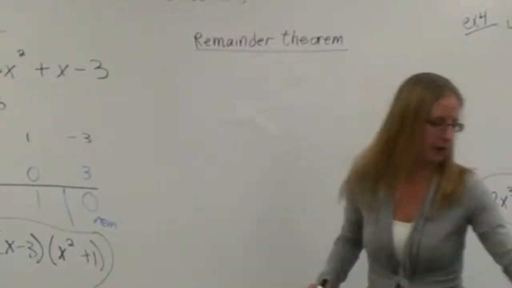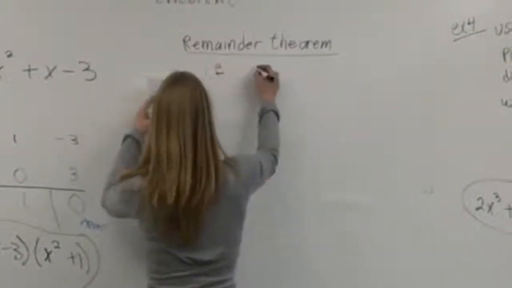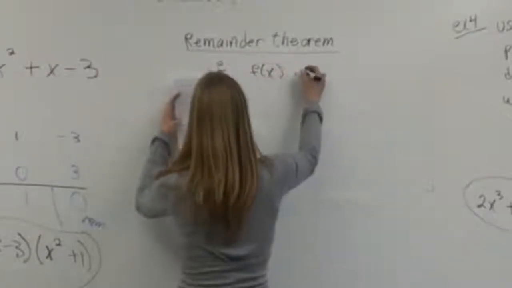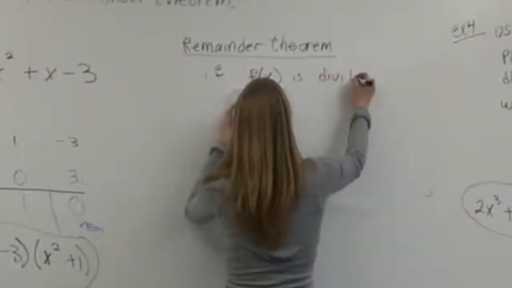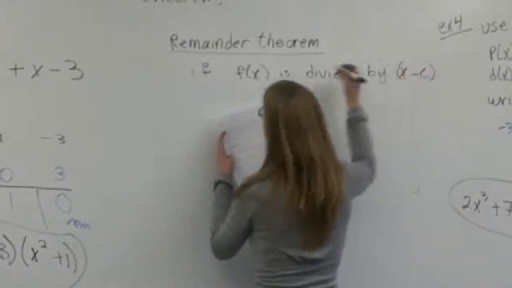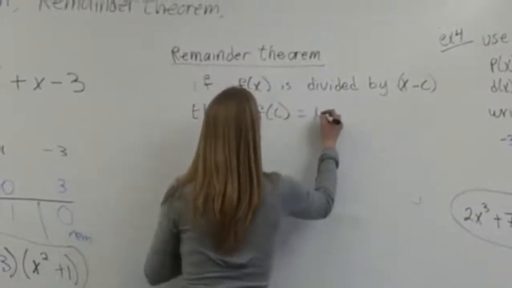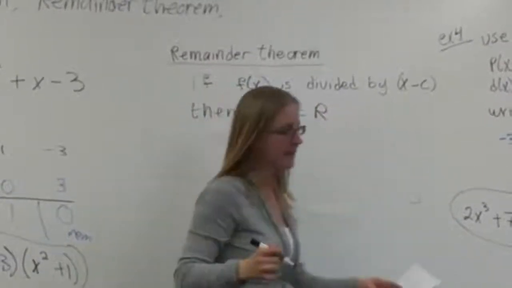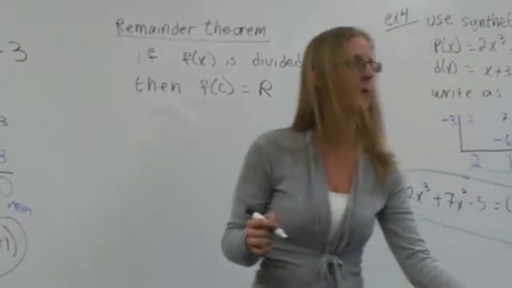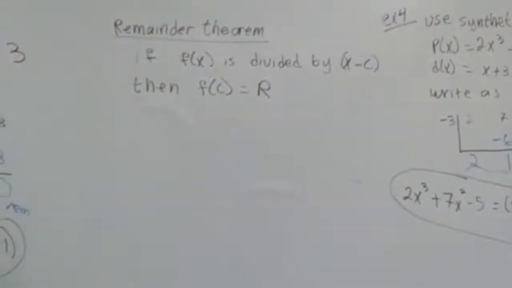So if f of x is divided by x minus c, then f of c equals r. And r, you guys know, stands for remainder.